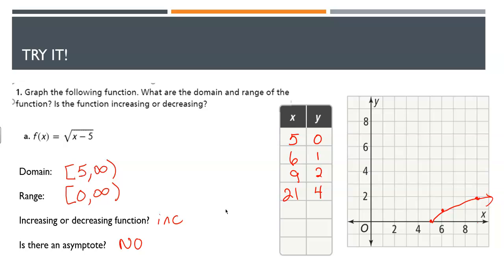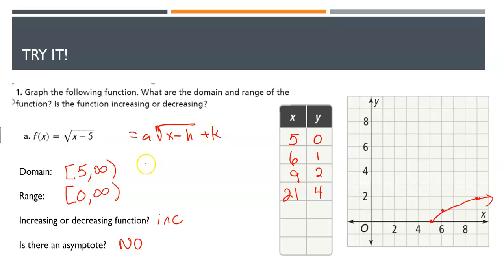Did it look like this? Hopefully you did. You could also put it in your graphing calculator and try to get some exact points there too. But you can see that it's increasing. There is the domain. When you looked at it earlier, remember how it said a nth root of x minus h plus k.